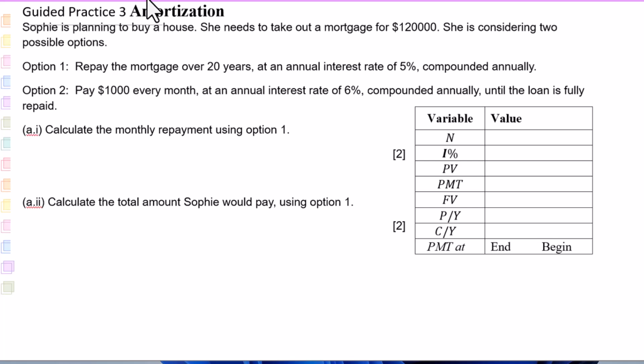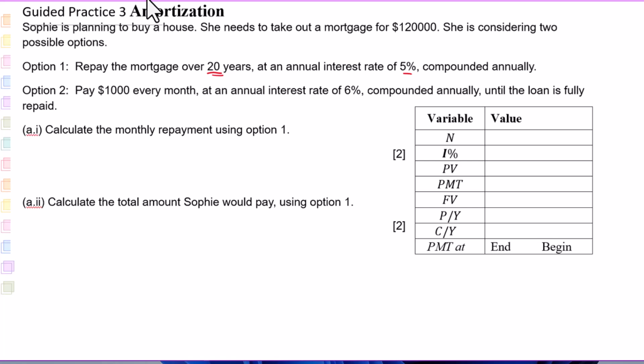Option 1, repay the mortgage over 20 years at an annual interest rate of 5%, compounded annually. Option 2, pay $1,000 every month at an annual rate of 6%, compounded annually until the loan is fully repaid.